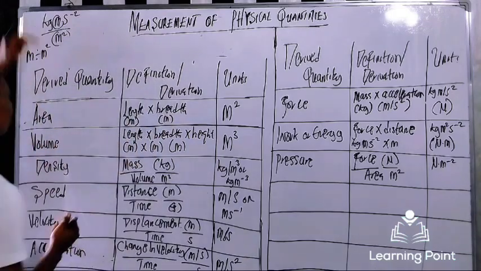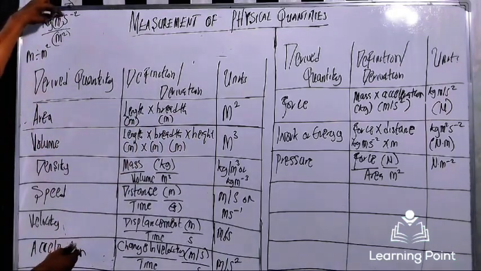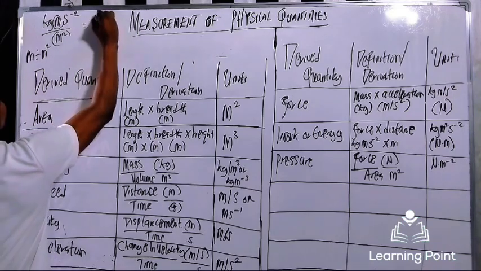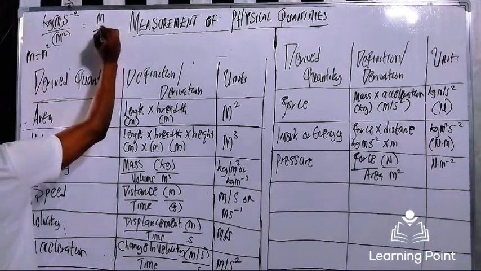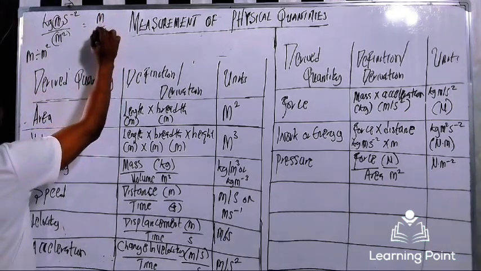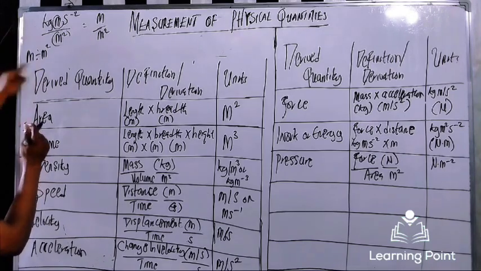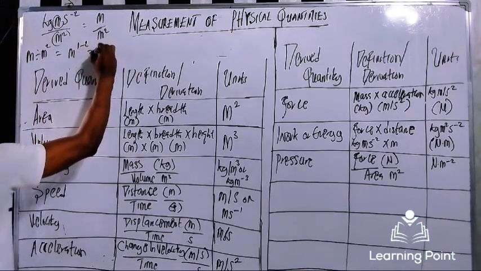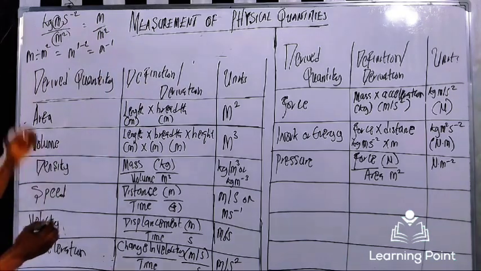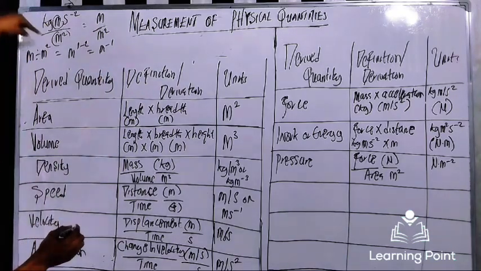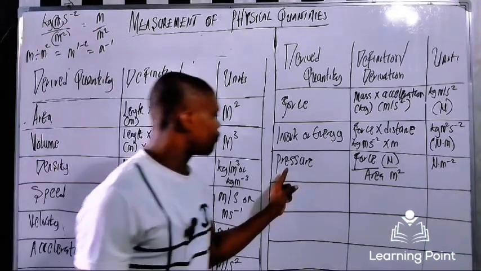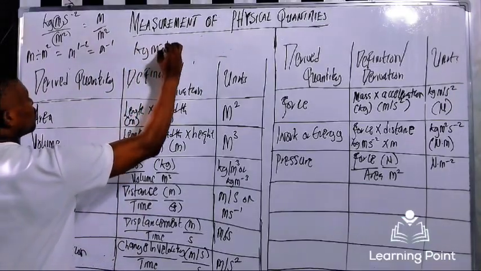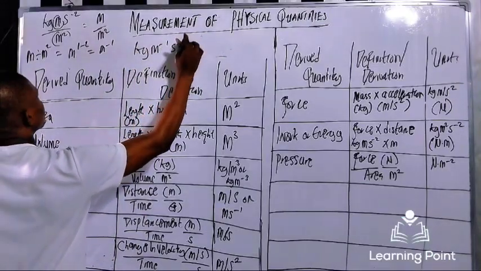You are taking meter and meter square, because one is numerator, one is denominator. So this division is the same thing. So m to the power 1 minus 2 is going to be m to the power minus 1. So the unit of pressure is kg per meter per second square.